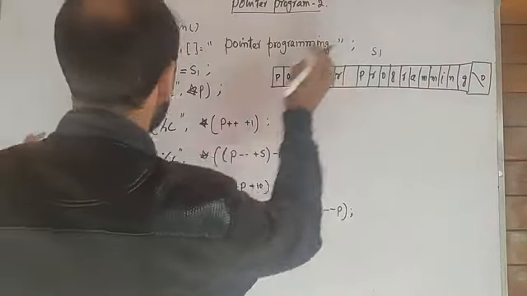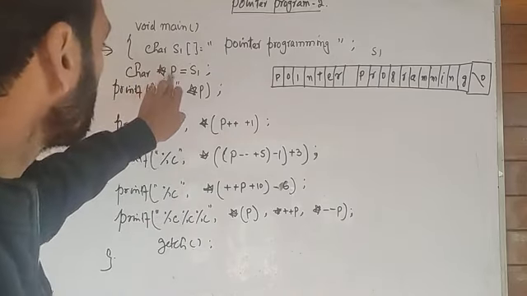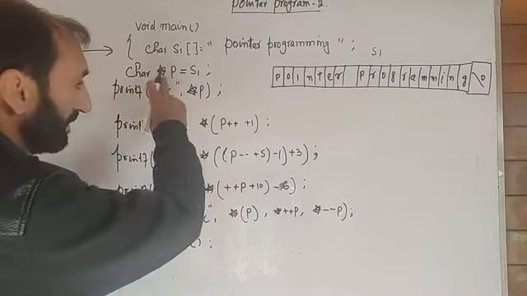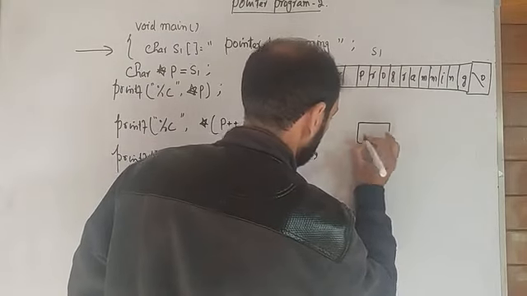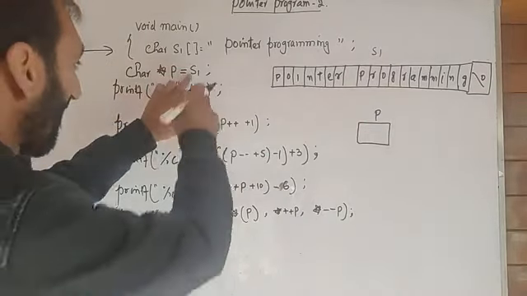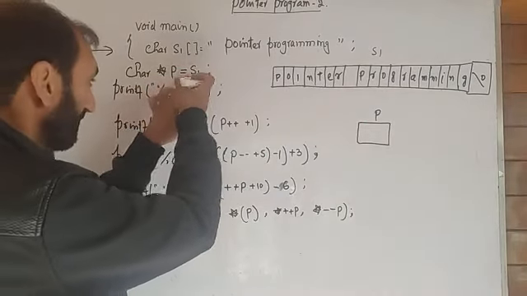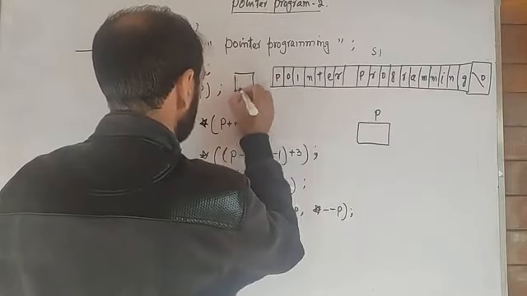So this is the name of the character array, and I have also declared here a pointer P, which stores S1. What does this S1 contain?